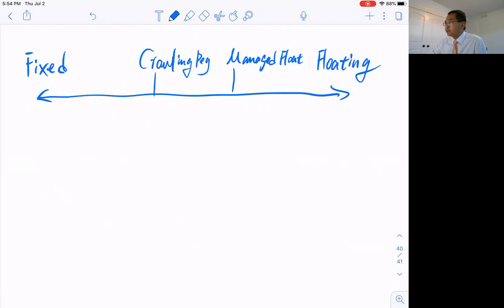Now there are all sorts of systems out there, and the bottom line is the IMF, the International Monetary Fund, requires a few things of its members, just three things to consider. They say your exchange rates should not be manipulated for two purposes.